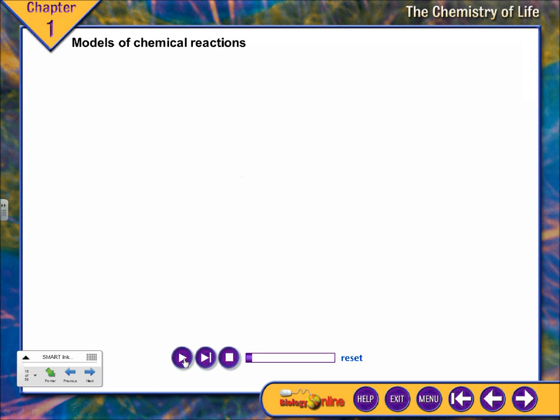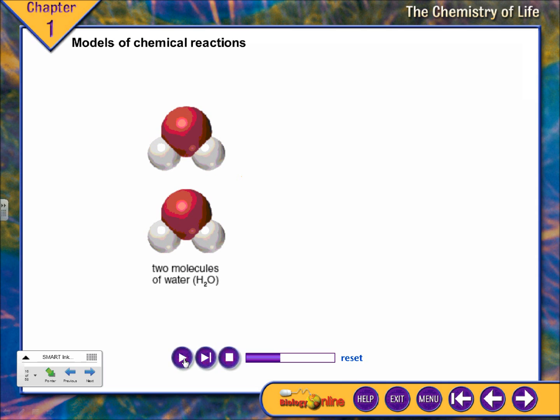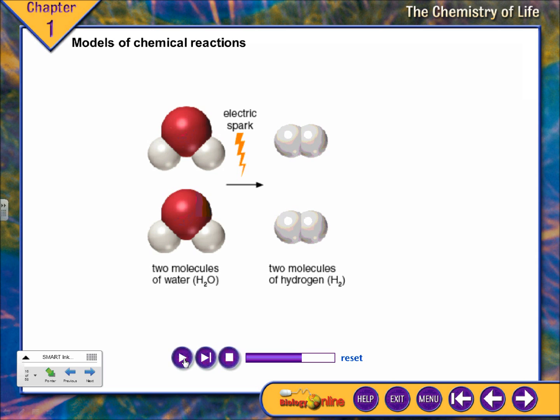The law of conservation of matter states that matter is neither created nor destroyed in chemical reactions. When two molecules of water receive enough energy to start a chemical reaction, called the activation energy, two molecules of hydrogen and one molecule of oxygen are produced. Note that the number of hydrogen and oxygen atoms remain the same before and after the reaction.